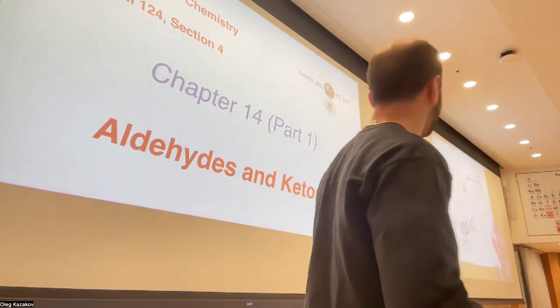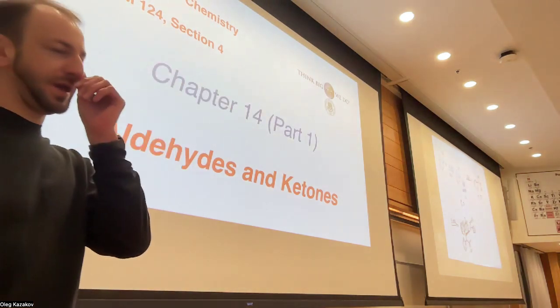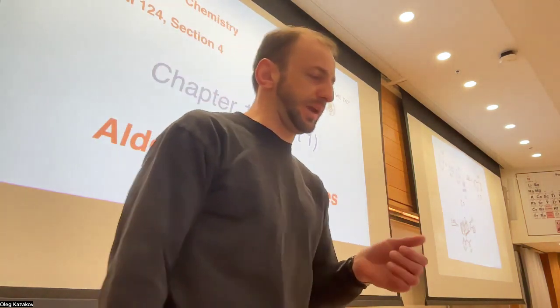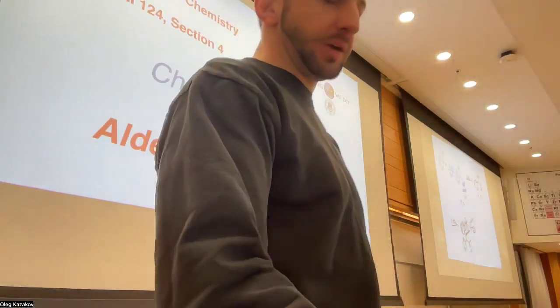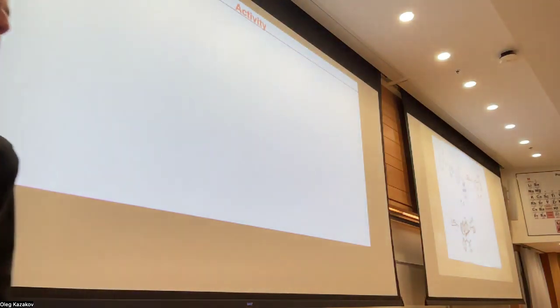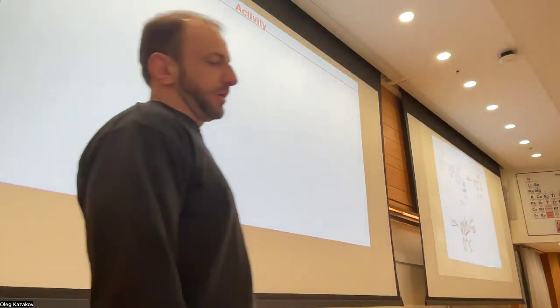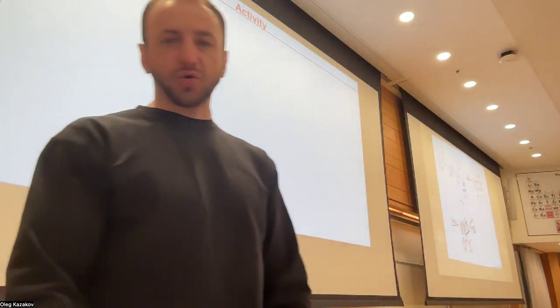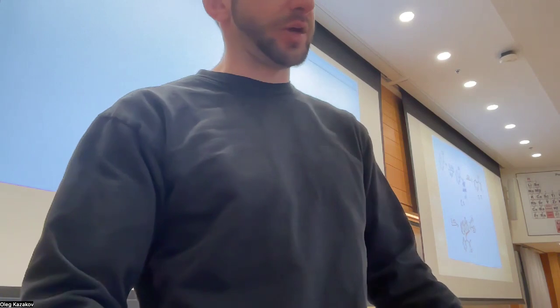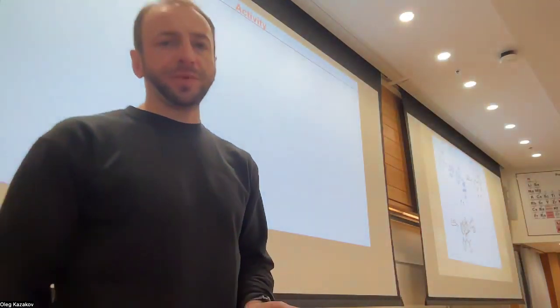Now we are going to look at the entire chapter about ketones and aldehydes. We did see them before, but under what circumstances, more specifically? Let's see what we have. We have some answers already flowing in. Good effort here. So how did we see ketones before? That's the question for the moment.